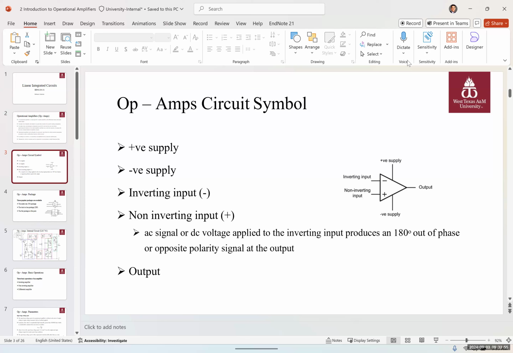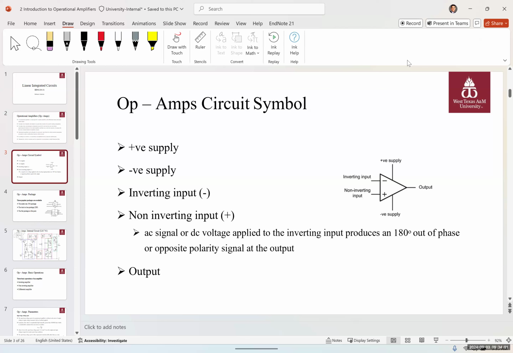Most op amps have 5 main terminals. Some op amps may have more, like a DC offset and so on. Some might have just 5. But the 5 main terminals that we have in an op amp are the positive V+ power supply. And this V+ power supply is a DC power supply, usually from positive 9 to sometimes positive 30 volts.